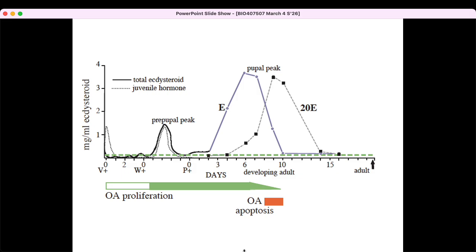In a dish, they'd stop because they died by programmed cell death, but I thought it was because of 20E. So it's like, wait a second, there's lots of hormone right here. Why aren't they dying earlier? So I measured the titer, the levels of these hormones, and I found it's because this is the precursor. The real peak of this active molting hormone happens later, and it fits the timing in the animal just perfectly.